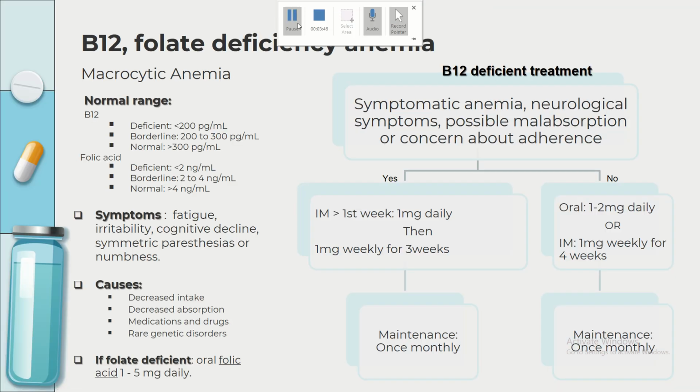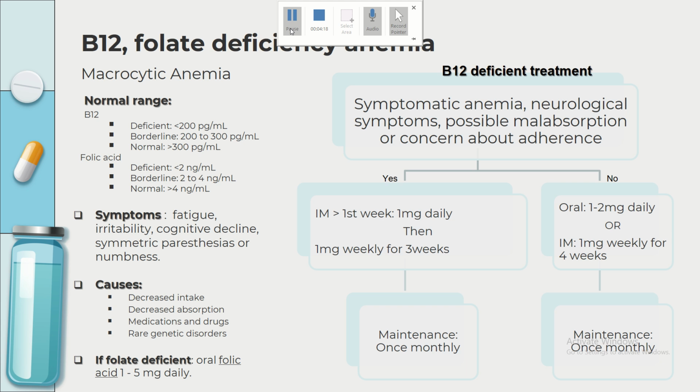Now we will talk about B12 and folate deficiency. The normal range for B12 readings will be above 300 picogram per milliliter. Between 200 and 300 picogram per milliliter, this will be on the borderline, and it will be considered a deficiency if the reading is less than 200 picogram per ml.